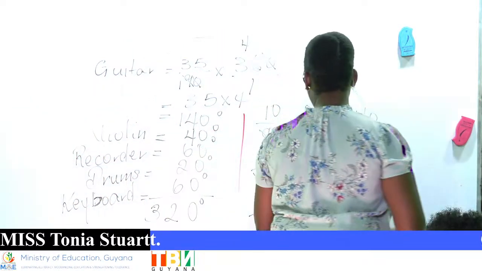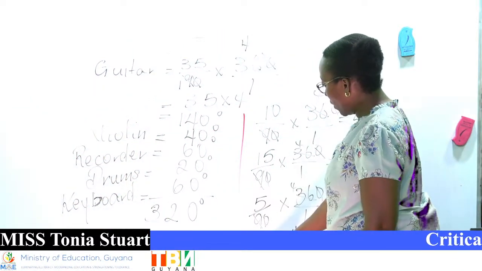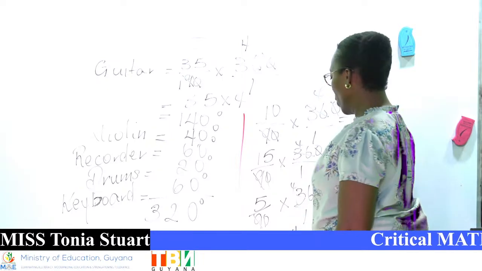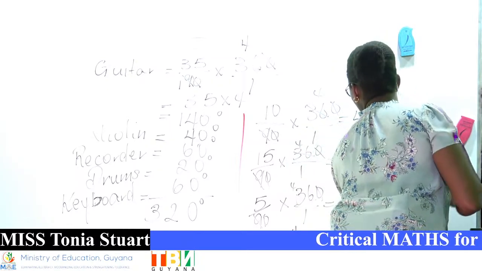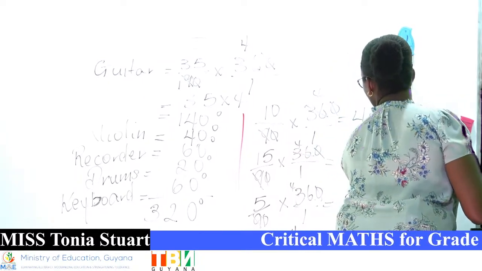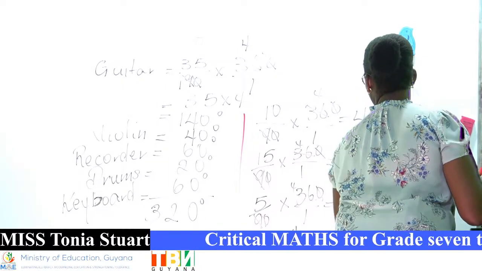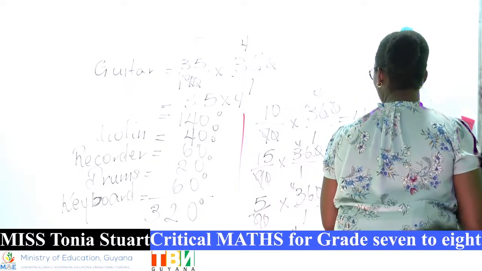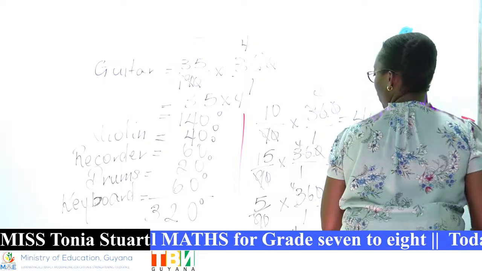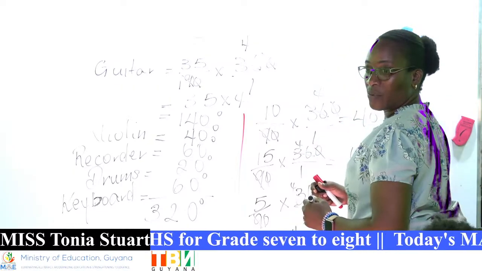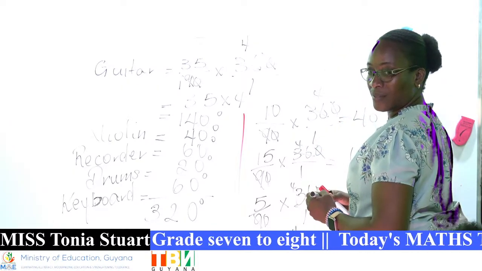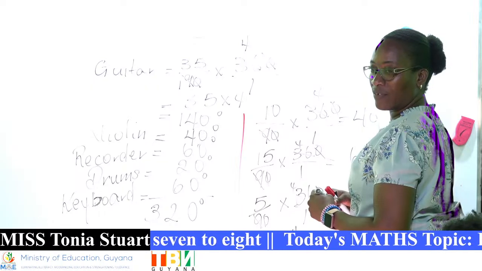So we're at 25. So now we have 25 by 4. If we have four $25, what would we get?